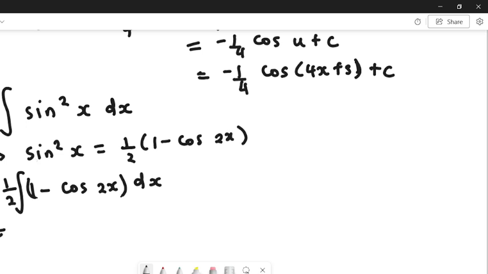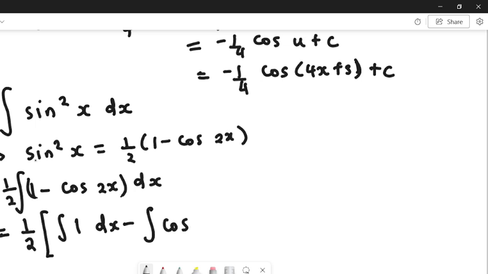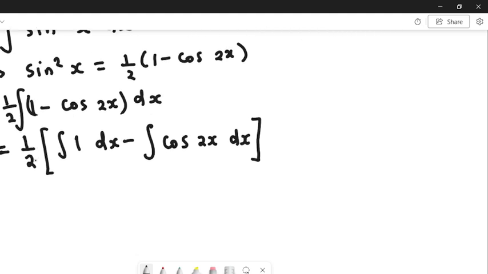So we integrate. We're going to get a half into, so when integrating, we will integrate separately. We will integrate 1 dx and then integrate cos 2x dx. If you integrate 1, you're going to get x minus.